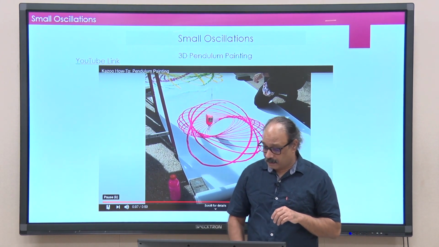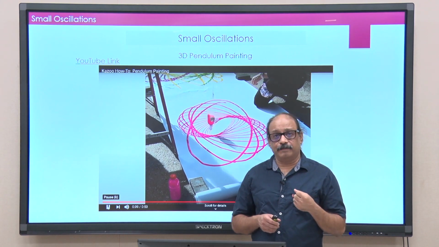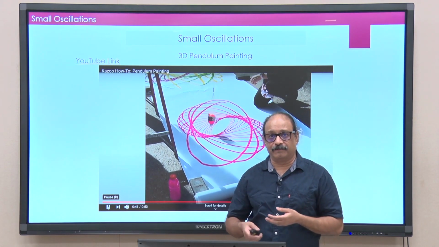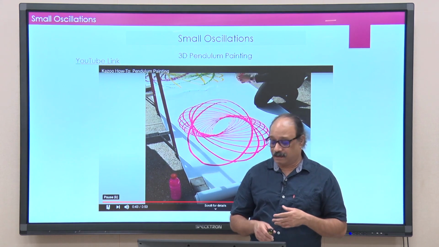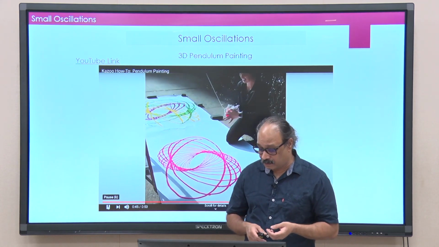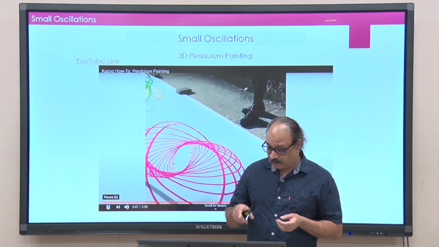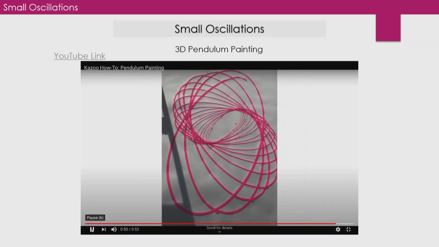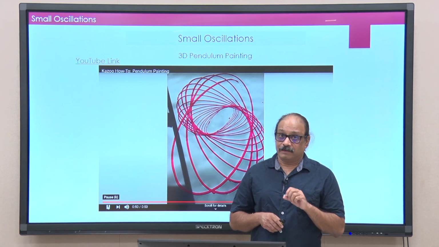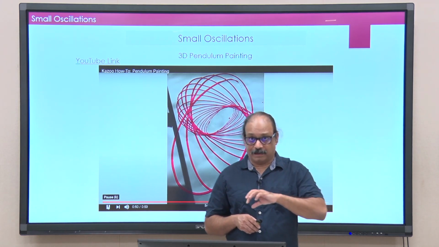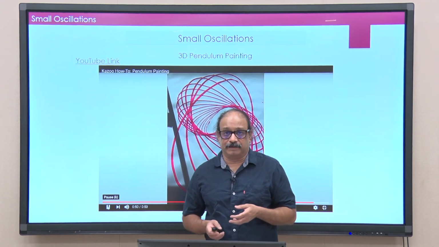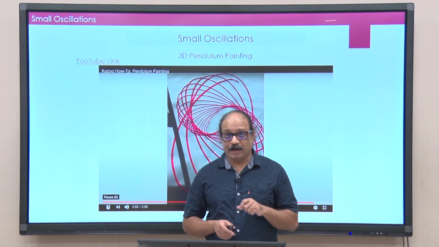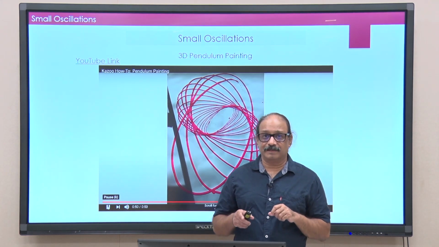Now, of course, the pendulum painting people use this in many different ways. They of course fill the bottle with different colors and so on, but what we want to focus on is this pattern that comes out in the end. Now, this of course is meant for the purpose of art, but for us, for physicists, this also means something else.